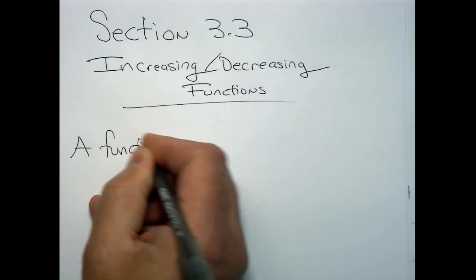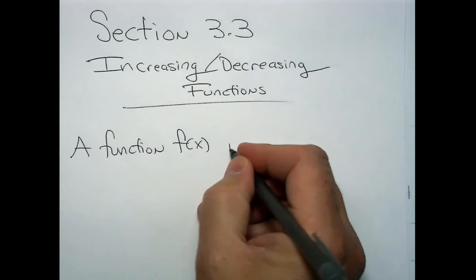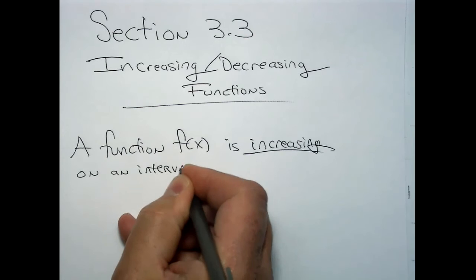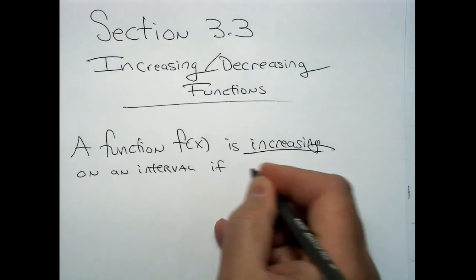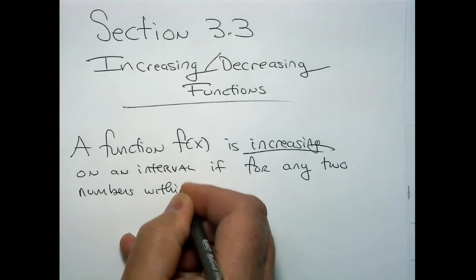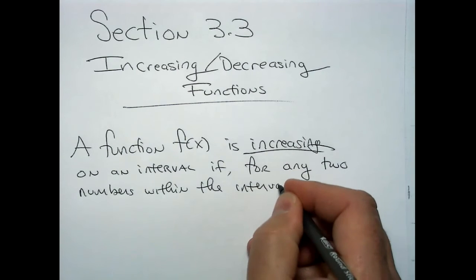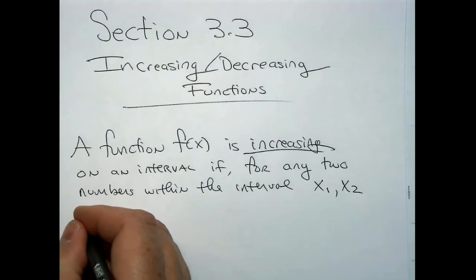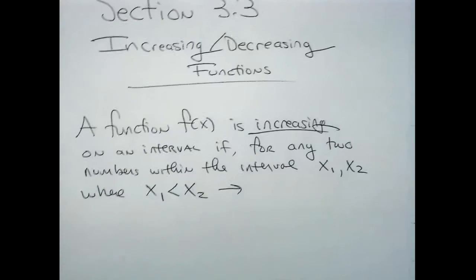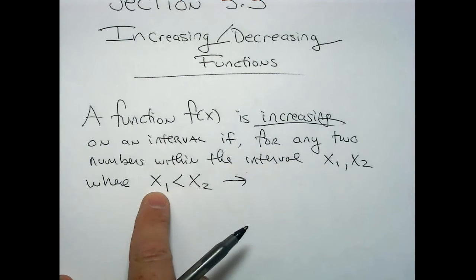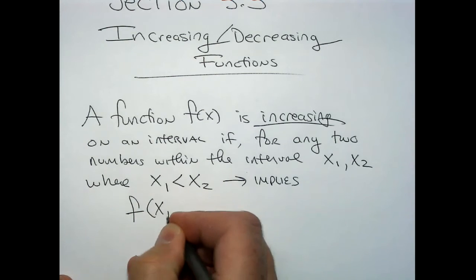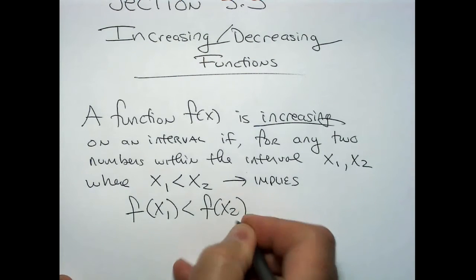A function, f of x, is increasing on an interval if for any two numbers within the interval, so we'll say x1 and x2, where x1 is the smaller of those two numbers, function is increasing on the interval if for any two numbers within the interval where the first one is smaller than the second implies that the y value of the first is also smaller than the y value for the second.